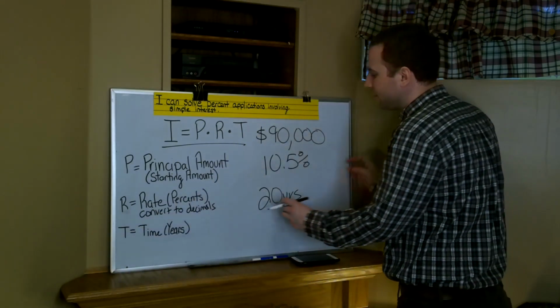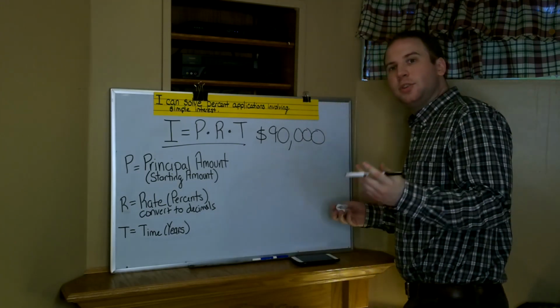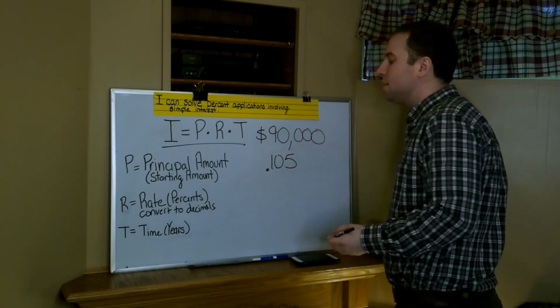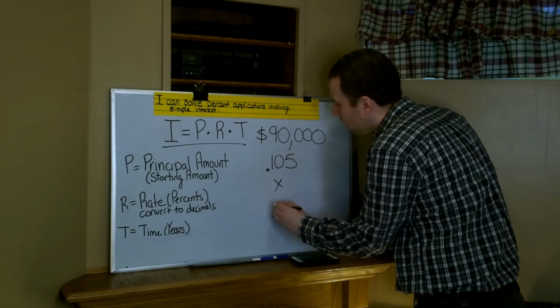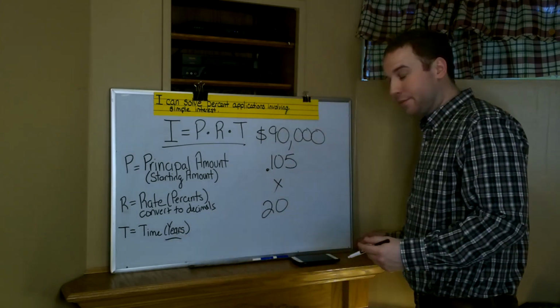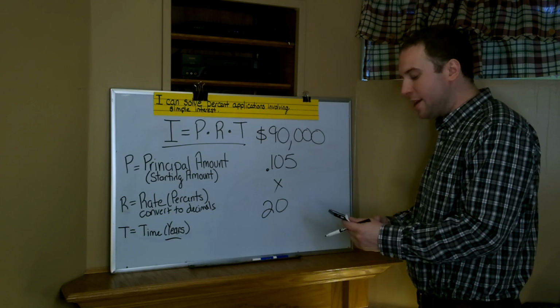So once again, 10.5%, we have to change to a decimal. So instead, moving the decimal place over twice, we get 0.105 times 20, because our units are in years. So 90,000 times 0.105 times 20 is how much?